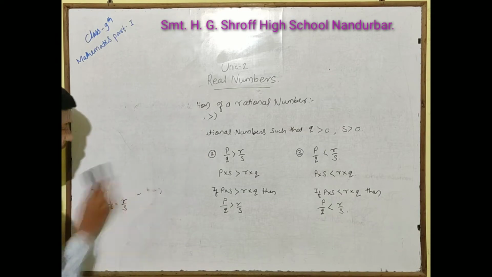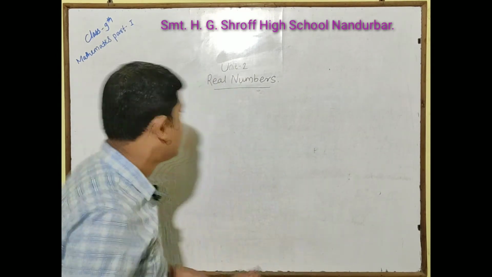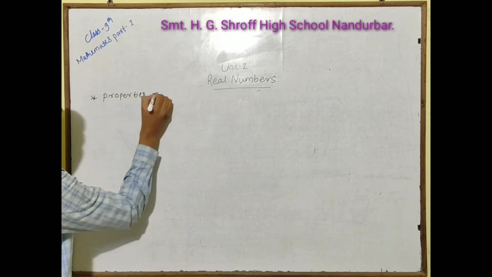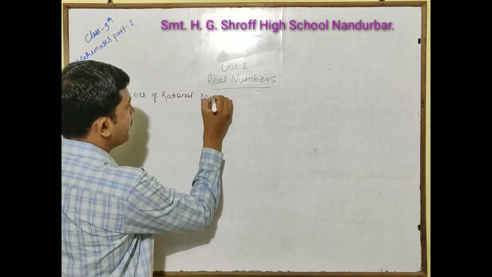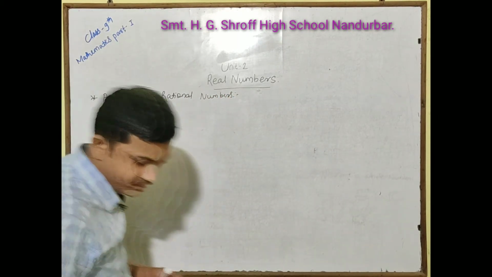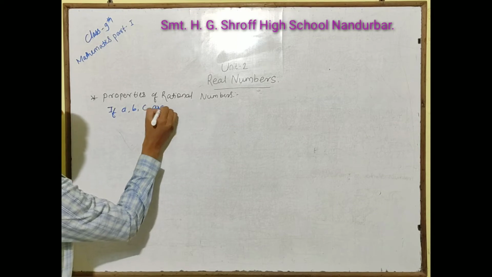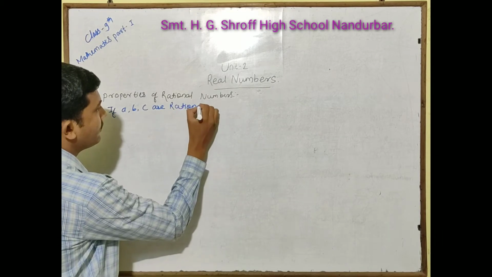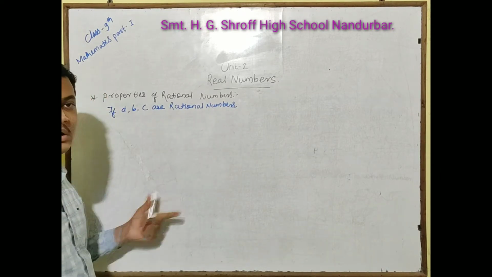Next is properties of rational numbers. If a, b, c are rational numbers, then we have to satisfy the following properties.